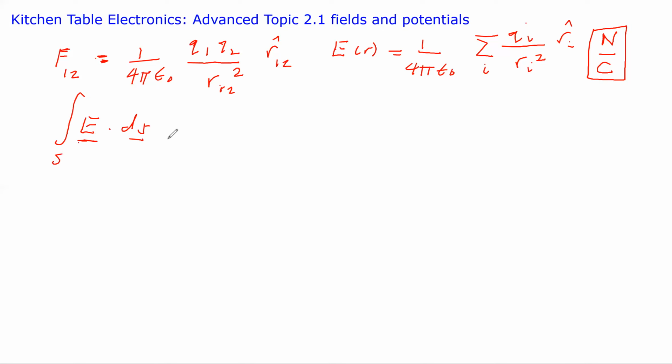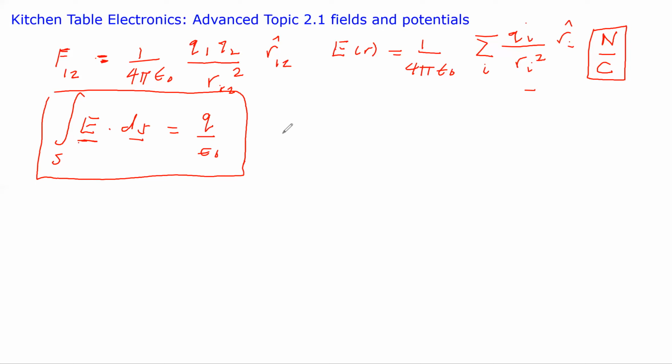So this is defined to be the flux of field out of a surface, and from this definition, it follows that this is equal to the charge contained within that surface divided by epsilon 0. This will be familiar to you as Gauss's law.